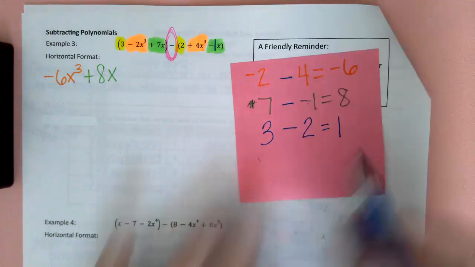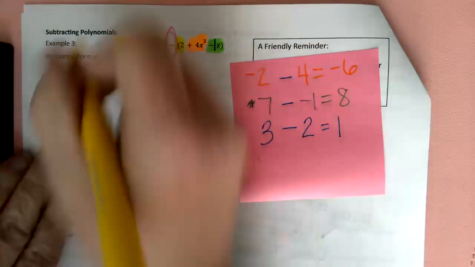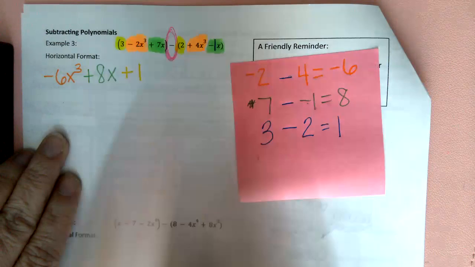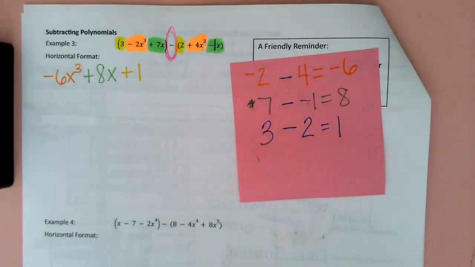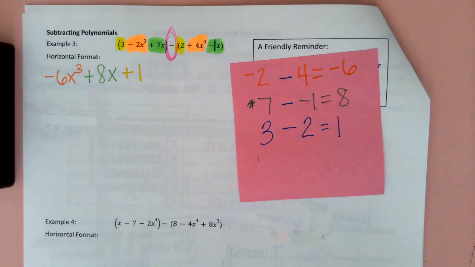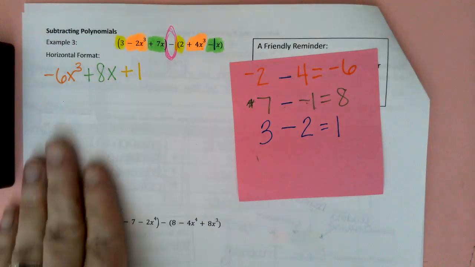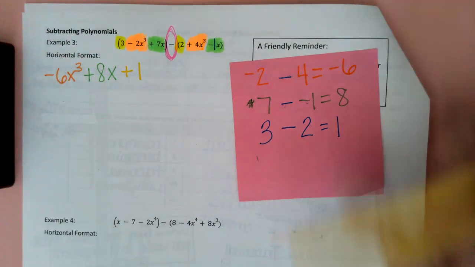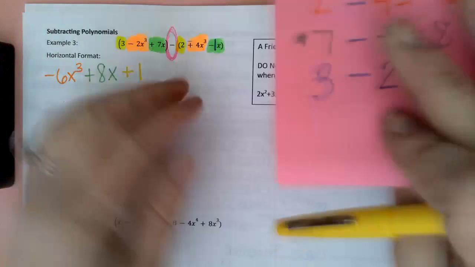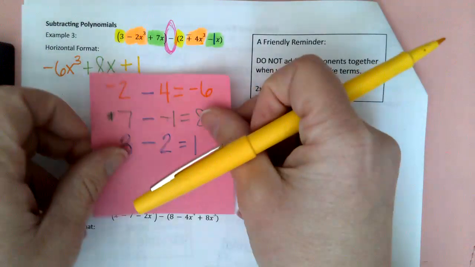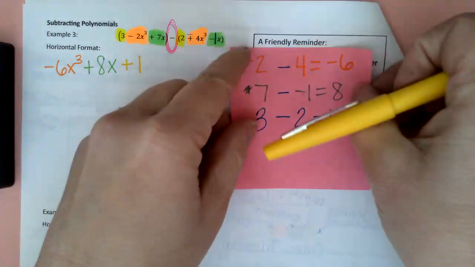Is that a positive 1 or a negative 1? Positive 1. So I'm going to write positive 1 in yellow. Questions on how to do that one? Again, I don't like the vertical format, and for time's sake, we're not going to do the vertical format. But it's super important that you type things in Desmos so you can see what the actual answer is.